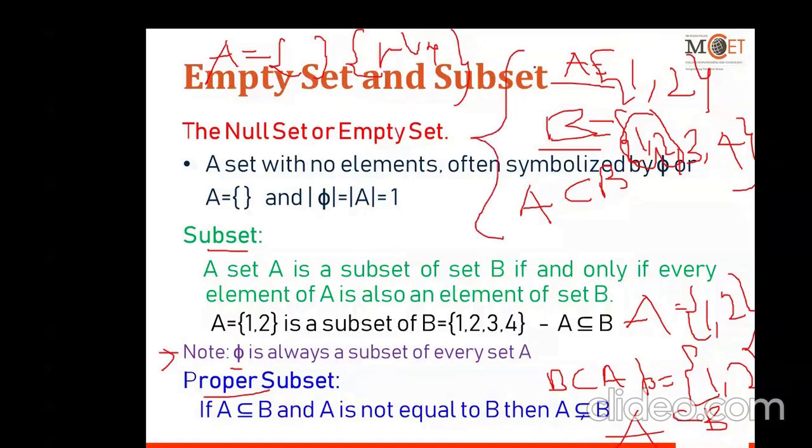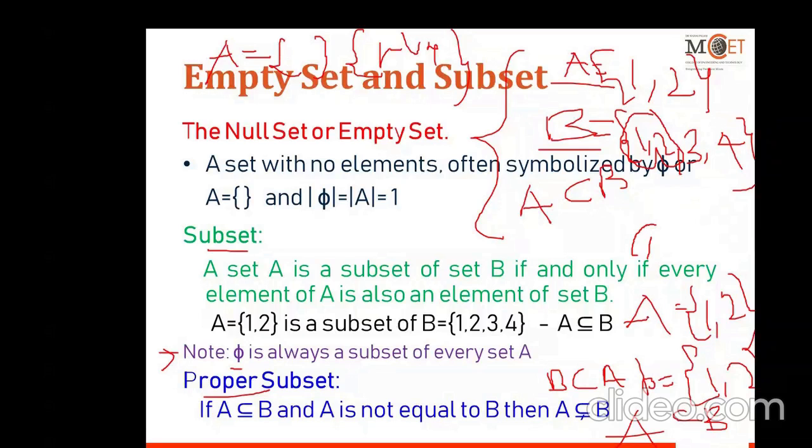First example, set A has two values, 1 and 2, and B has four values. What we have to consider in proper subset is that 1 and 2 should be there in B, and additionally a minimum of one more value should be there in B. If that is the condition, it will be a proper subset.